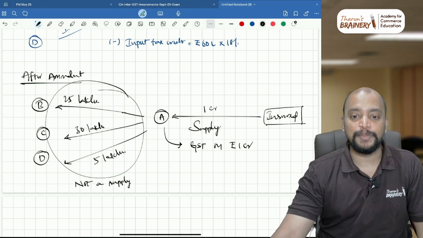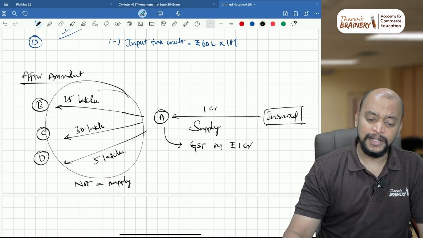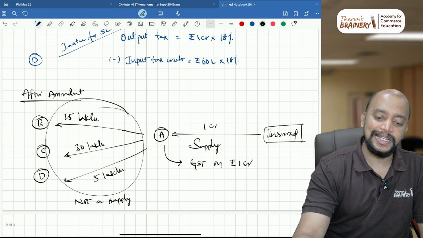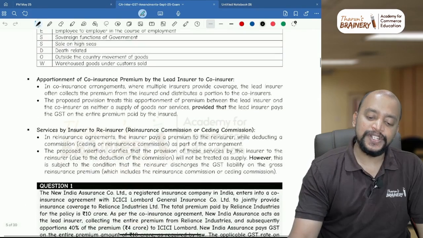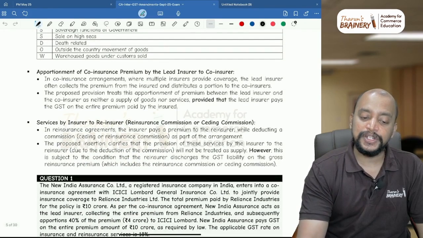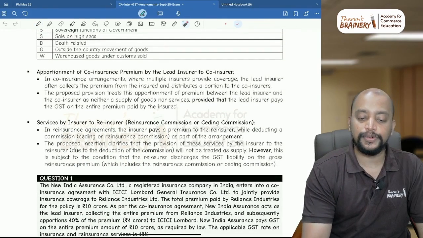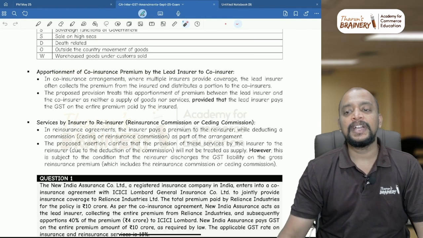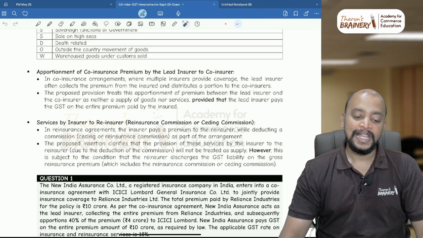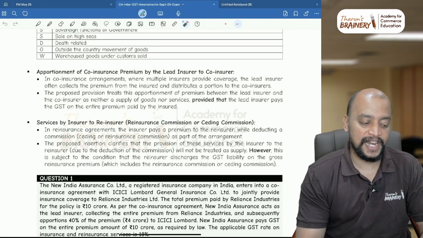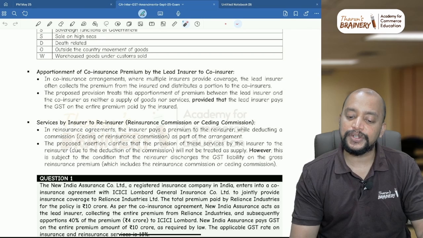Okay, that is with respect to this year. And that is what you can see here in the point: apportionment of co-insurance premium by the lead insurer to the co-insurer.